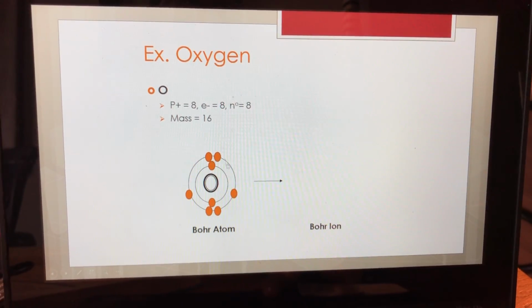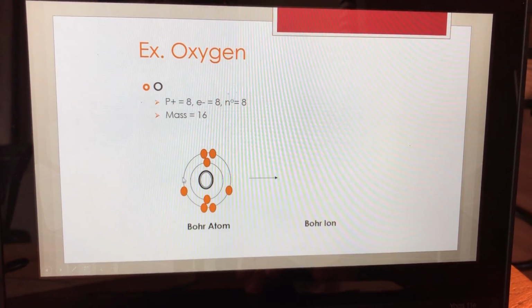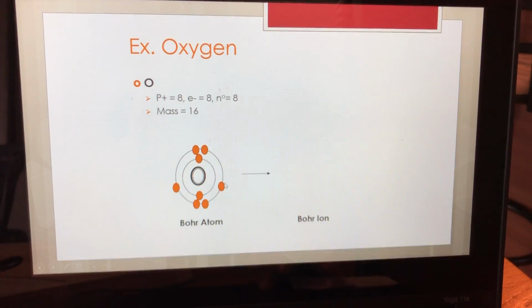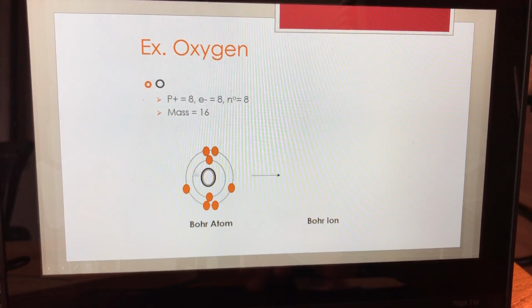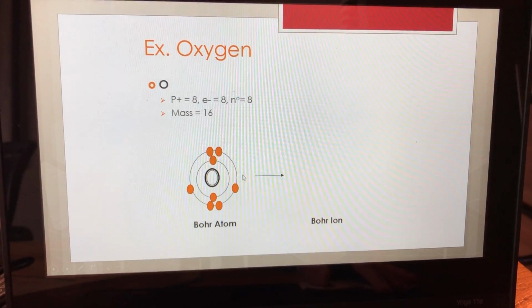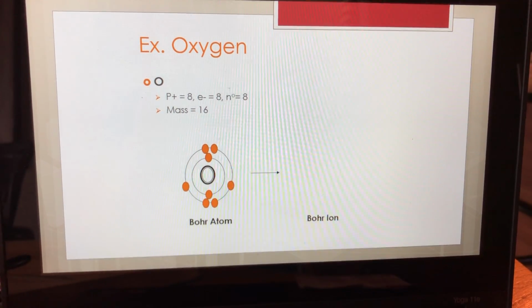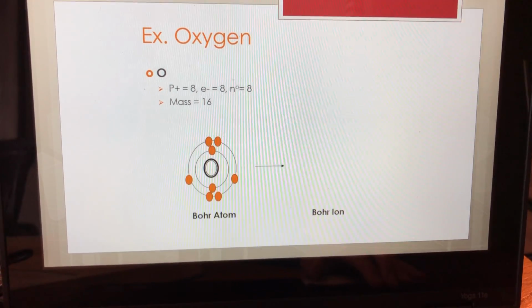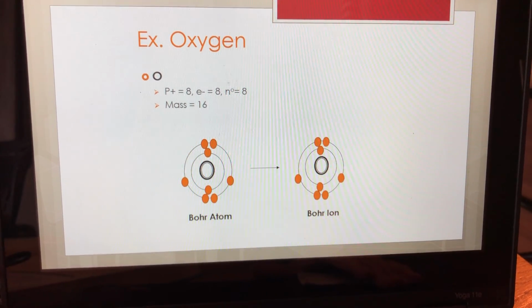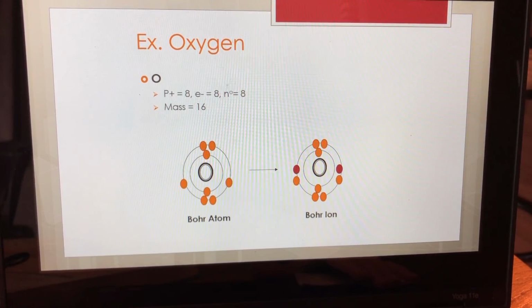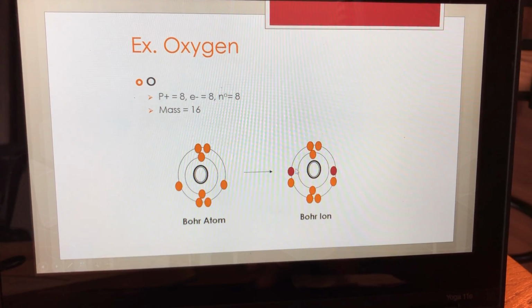Should it lose 6 or gain 2? Gaining 2 is a lot easier than losing 6. So when it gains these 2 electrons, it becomes stable, or full, and the charge becomes -2 because it has gained 2 electrons, shown here in the red.